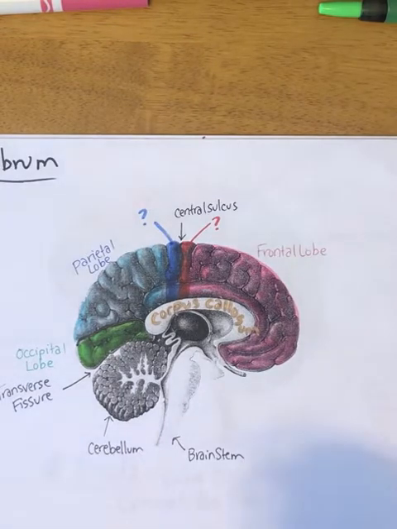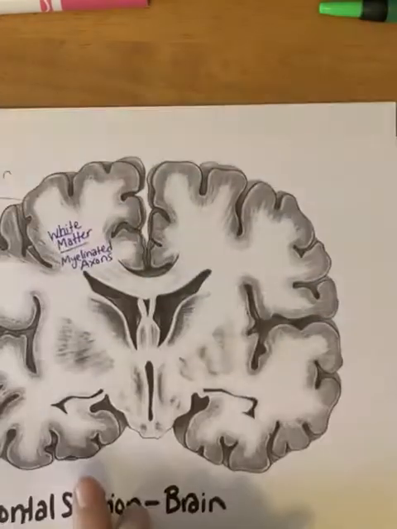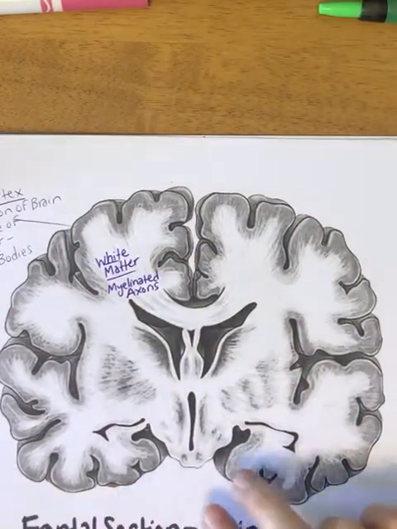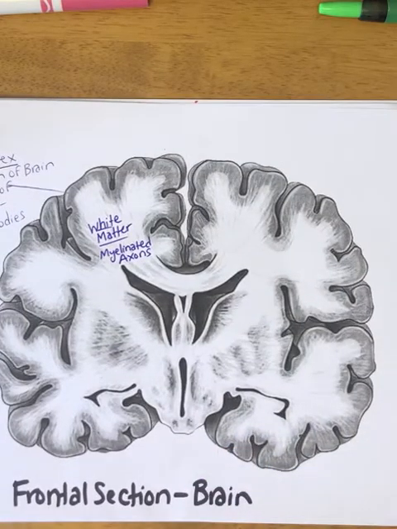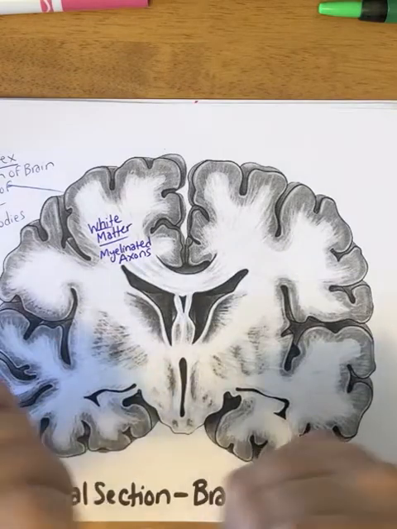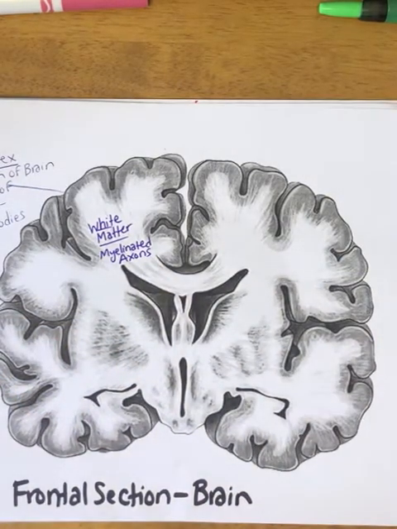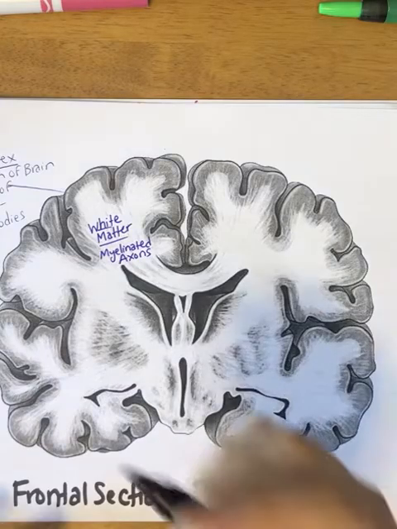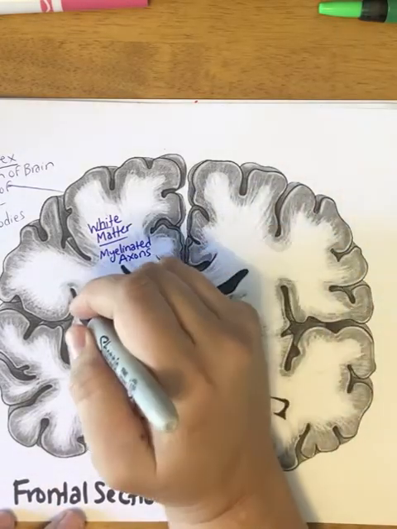Anytime you say cerebrum, you should know your sulci, you should know your fissures, but you should also understand the lobes. So we looked at a frontal section of the cerebrum before. This is a frontal section of the brain. This represents your left and right cerebral hemispheres.